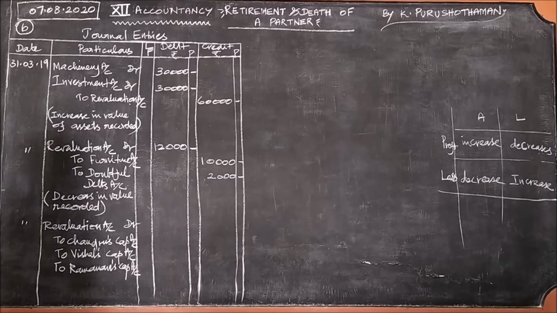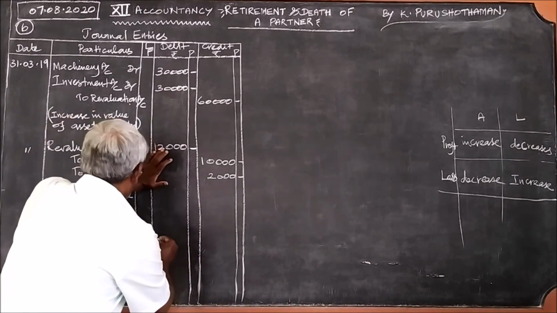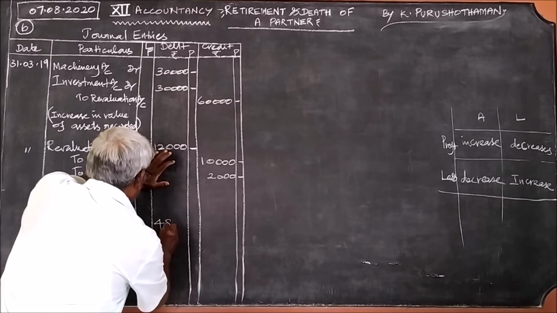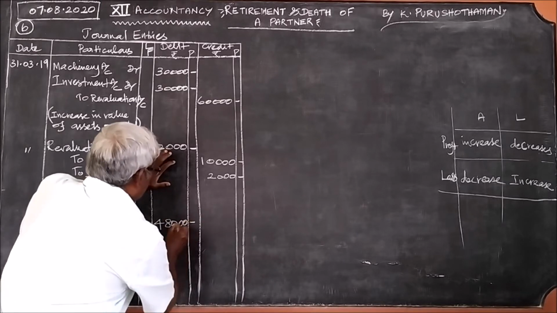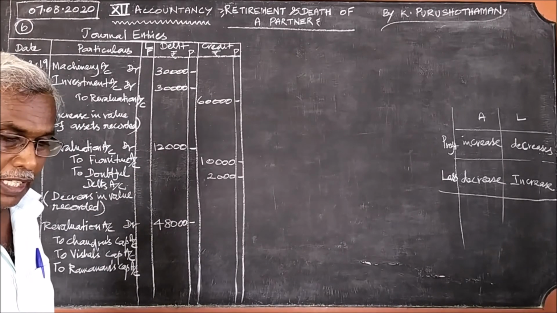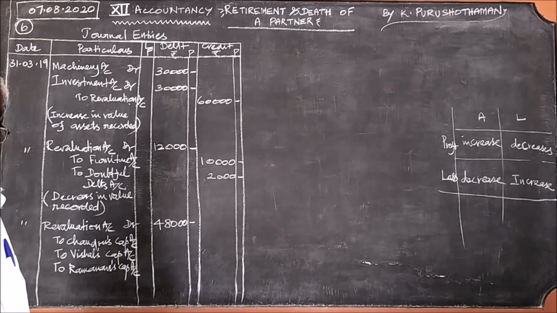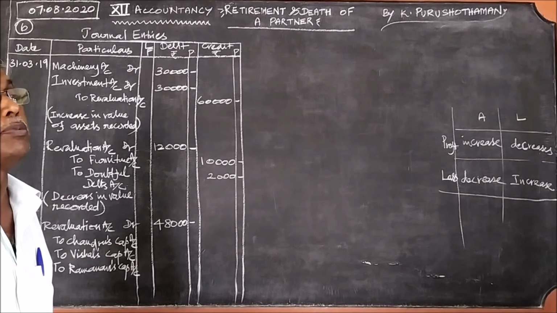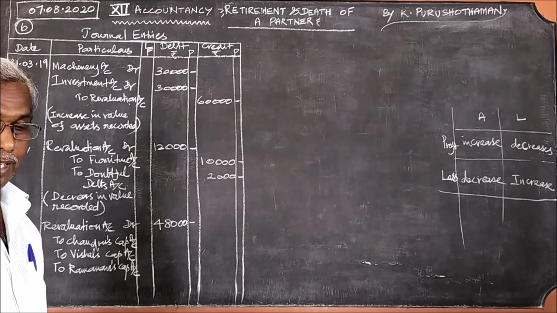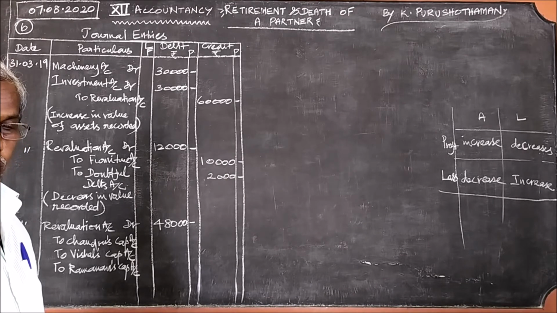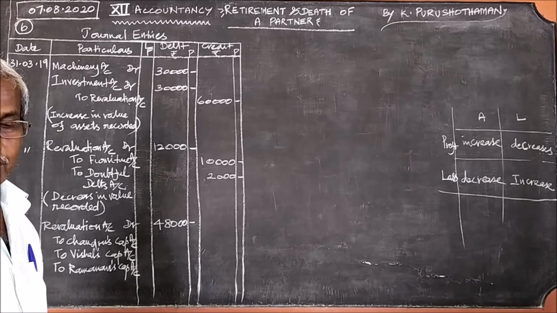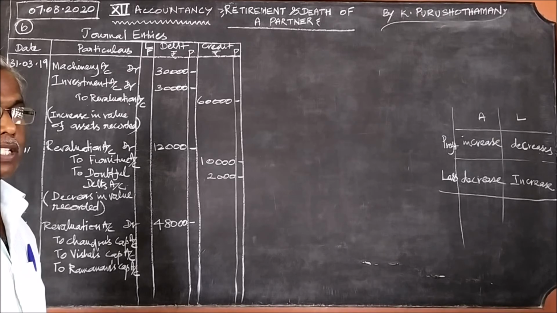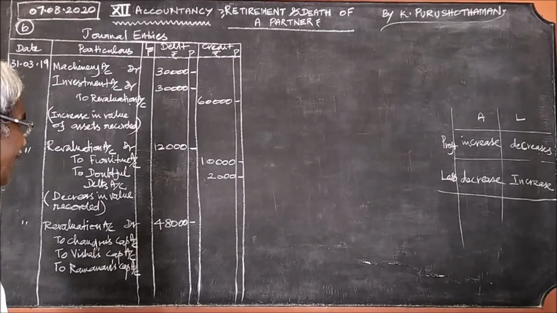And this 48,000 is the excess profit that should be divided among the partners in the given ratio. What is the given ratio? Is there any ratio given in the problem? No ratio is given in the problem. But there is a condition given. Chandru, Vishal, Ramanan are partners in a firm sharing profits and losses equally.